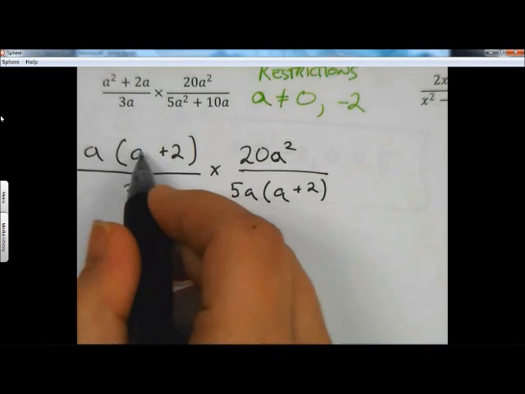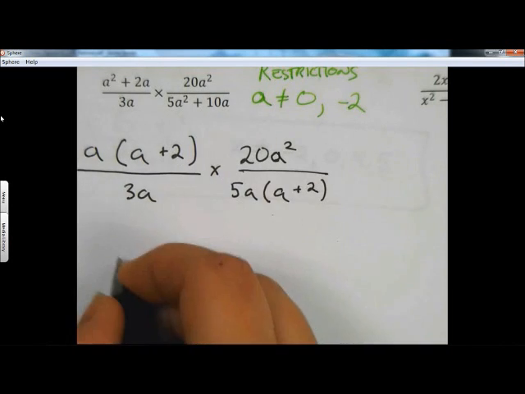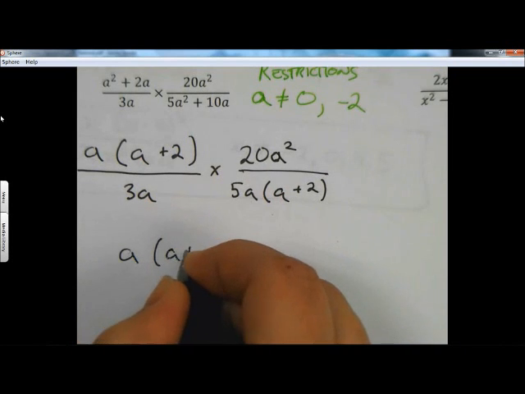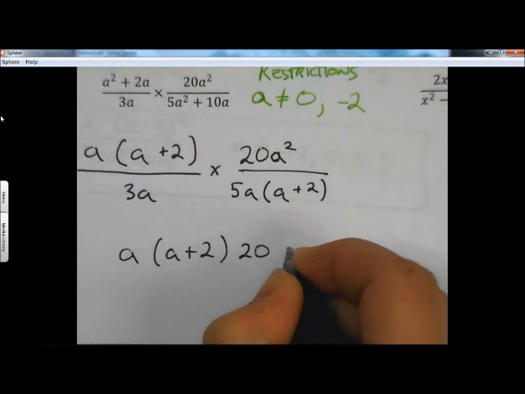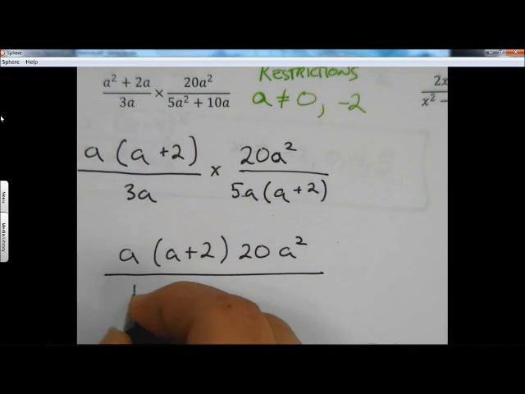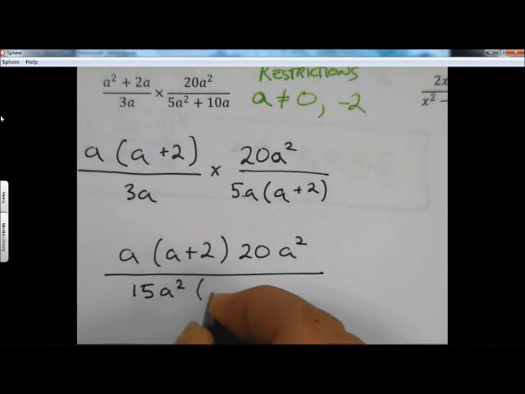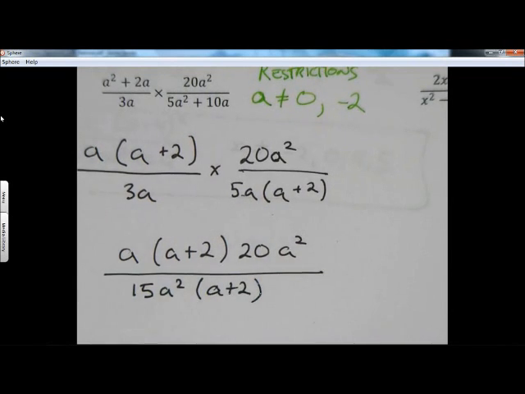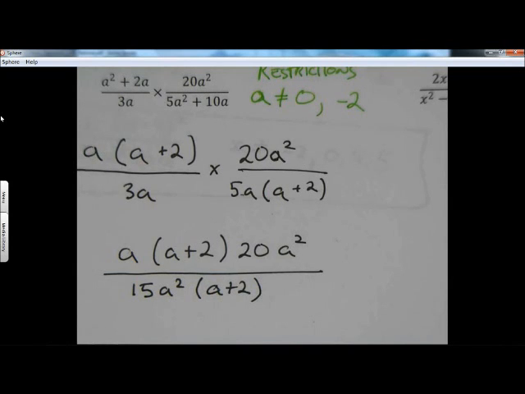Put the numerators multiplied by numerator. A times A plus 2 times 20 times A squared, all over 3A times 5A, 15A squared, A plus 2. What cancels here?